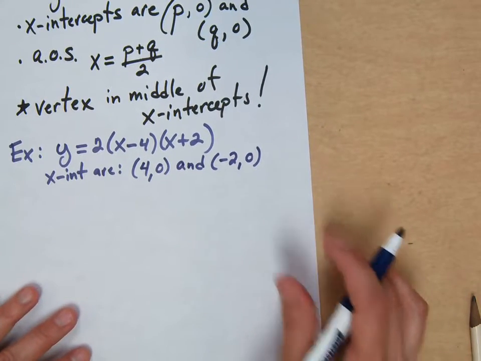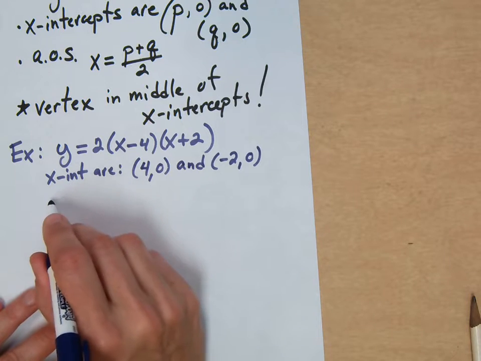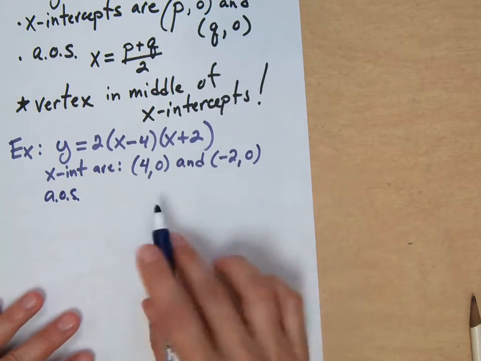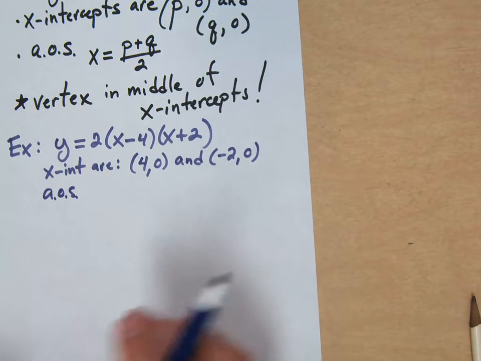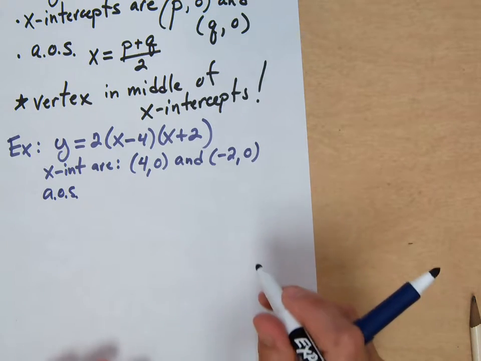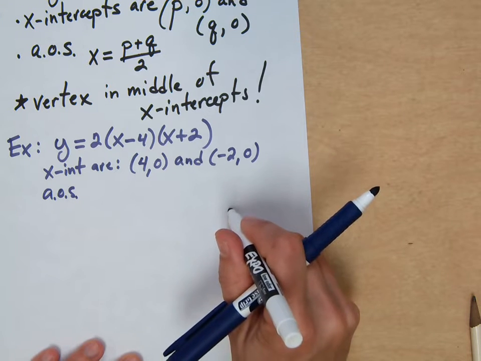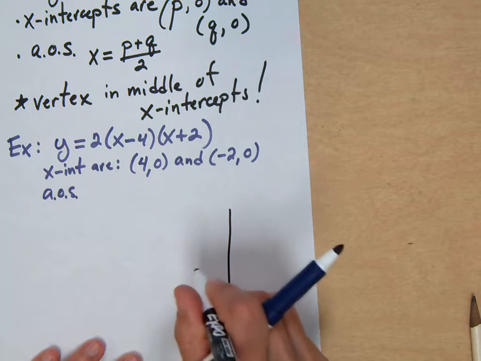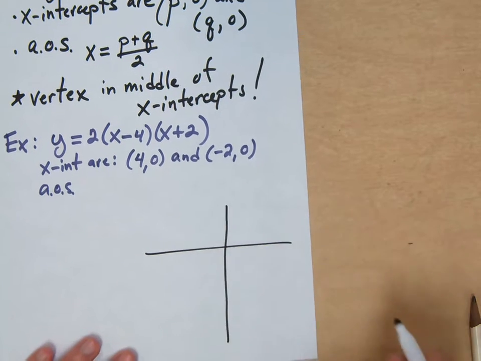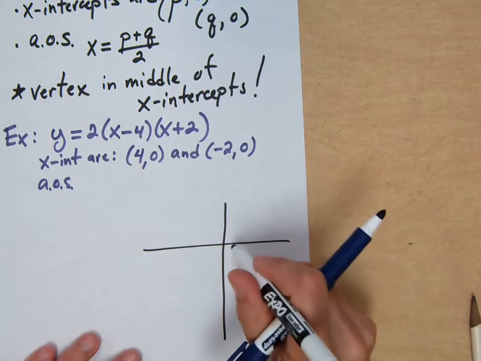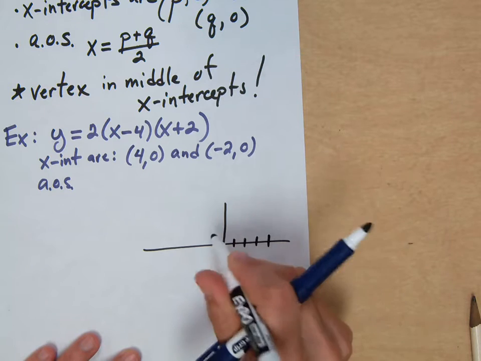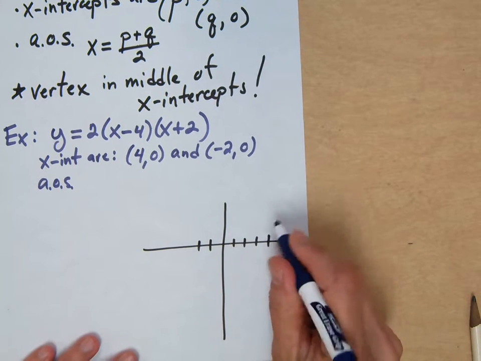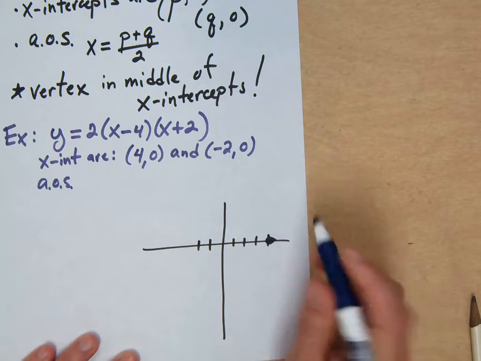And then the axis of symmetry is right in the middle. So let's start by graphing this. So (4, 0) and (negative 2, 0). I'm picturing that. So make a sketch here. 1, 2, 3, 4, 1, 2, and let's plot (4, 0). There's a point.